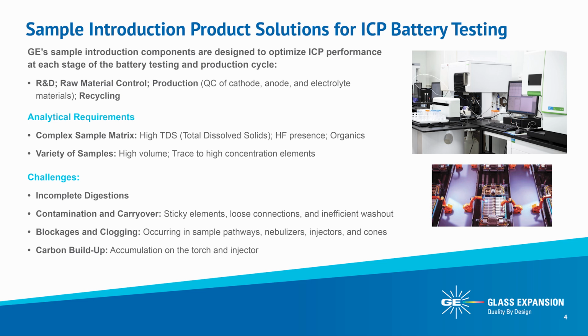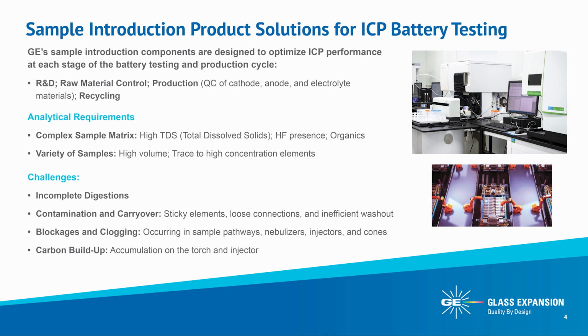One major requirement is processing a large number of samples efficiently, which depends on an ICP system with a wide analytical range, since battery materials can vary greatly in element concentrations. Common challenges include complex matrices with high total dissolved solids, organic compounds, and sometimes hydrofluoric acid.